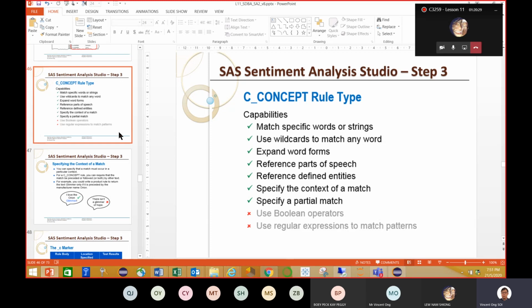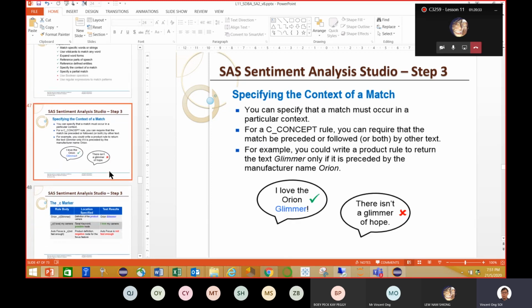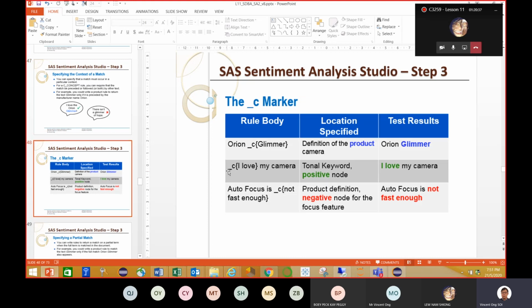Let me just finish this concept rule. Concept rule and concept are quite similar, except we use what we call the underscore C marker. Again, the same thing. For example, in this one here, we have Orion C marker glimmer.